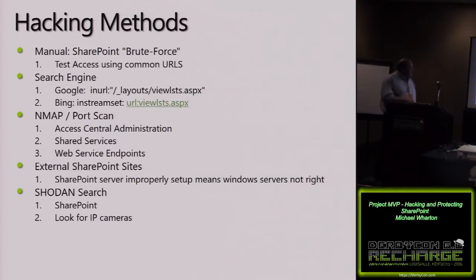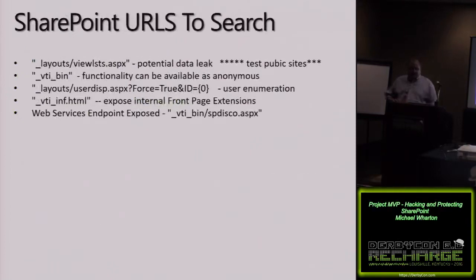And then there's this tool, this website called Shodan, that if you go to this Shodan site, it will also show you all the servers in the world that are showing SharePoint in their descriptions. So some of the key things I search for is this extension right here, layouts, view list.